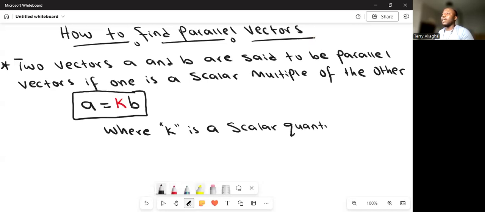Let's just say where K is scalar. To make it easier, I can say real number. So if you have two vectors and they are parallel, it means that K is a scalar and also that it is a real number. Okay.